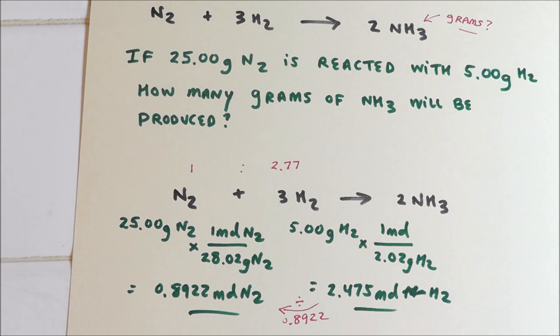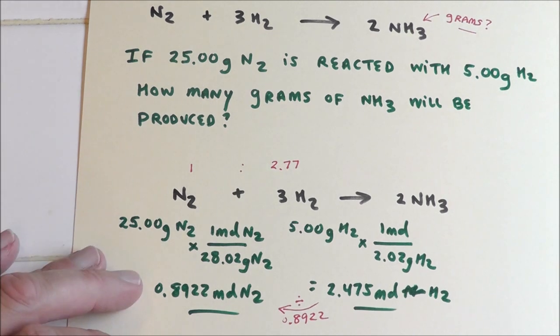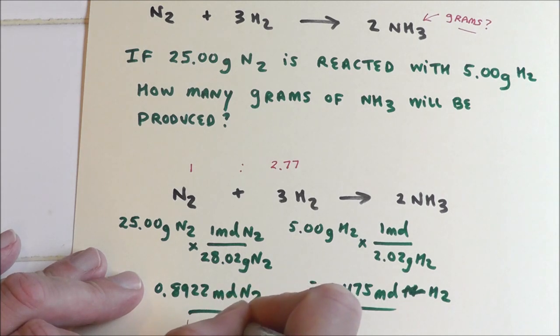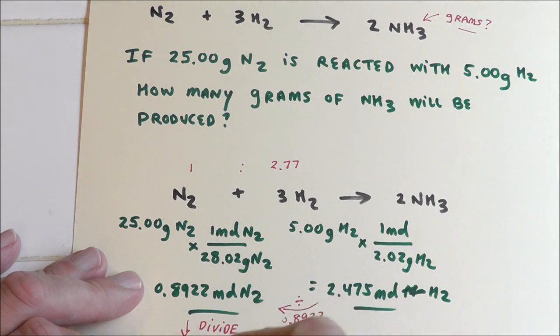If you're a rule follower, there's always this one simple thing you can do. You can divide by its coefficient and compare numbers.